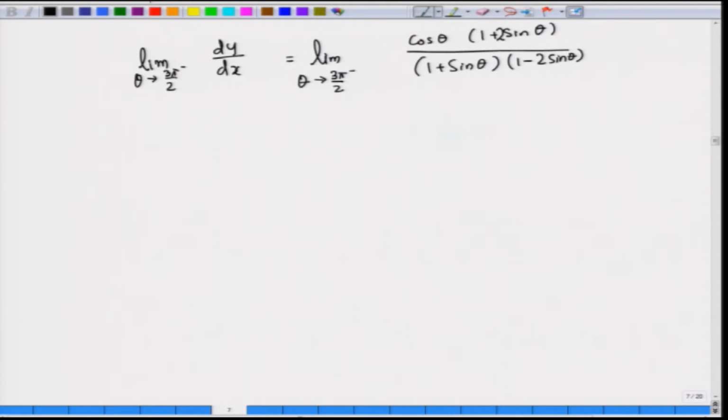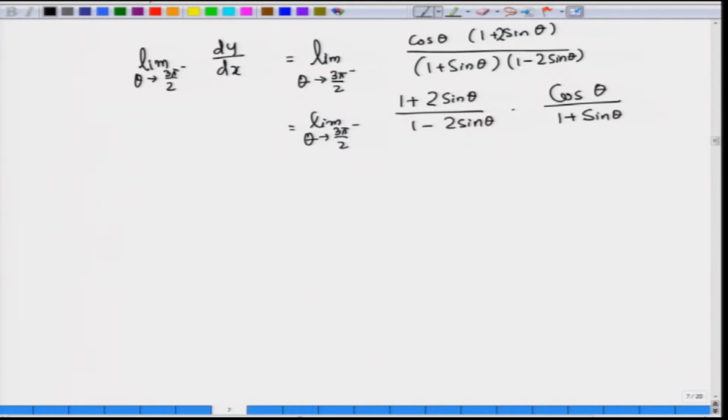Now, if sin theta is negative 1, these two factors are not creating a problem. So let me take (1 plus 2 sin theta) divided by (1 minus 2 sin theta), and then cos theta divided by (1 plus sin theta).